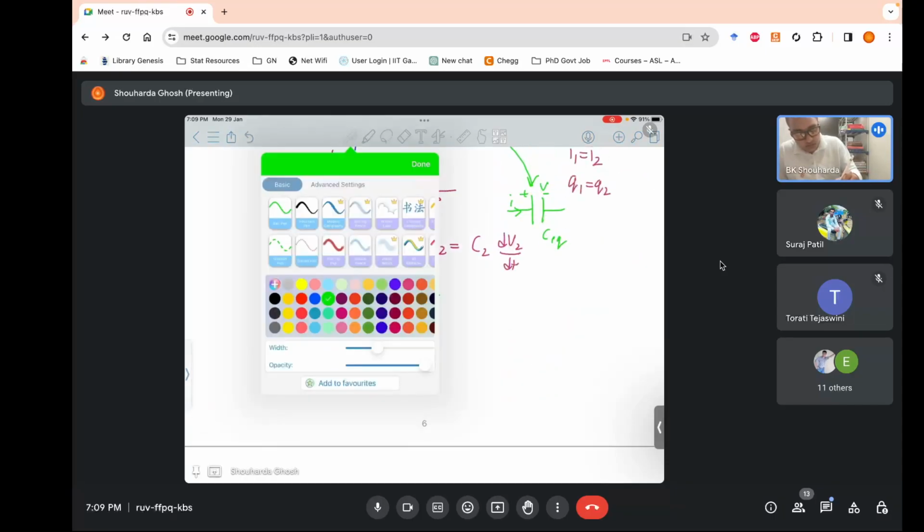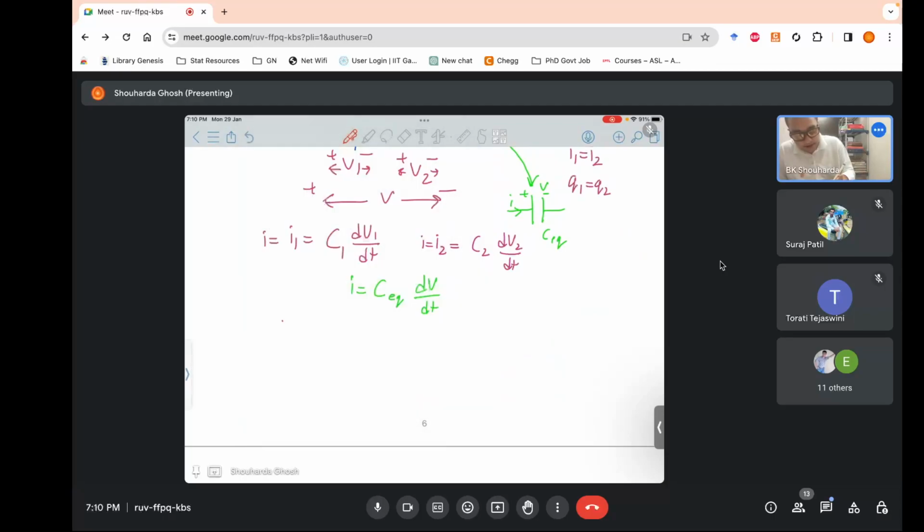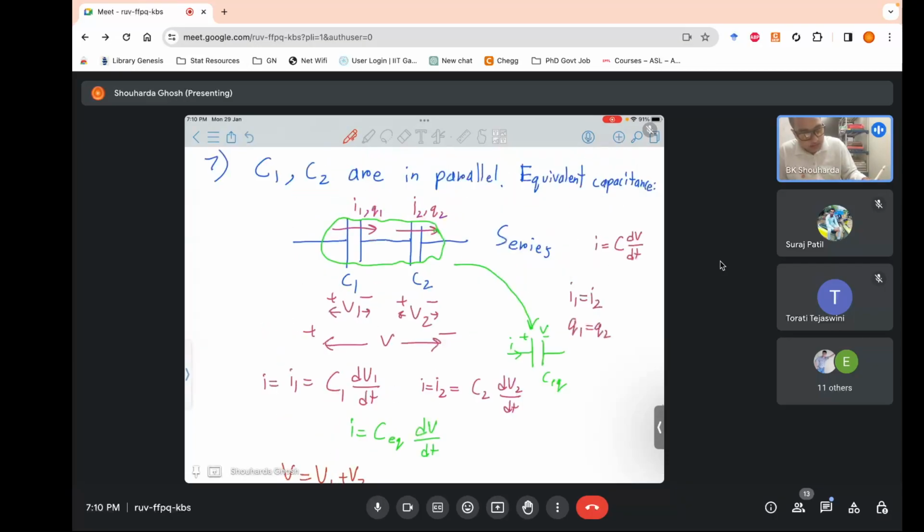Now what do we know about the voltages? V equals V1 plus V2. Now we differentiate them. dV/dt equals dV1/dt plus dV2/dt. And what is our voltage derivative if we see from this model? dV/dt is equal to current upon Ceq.